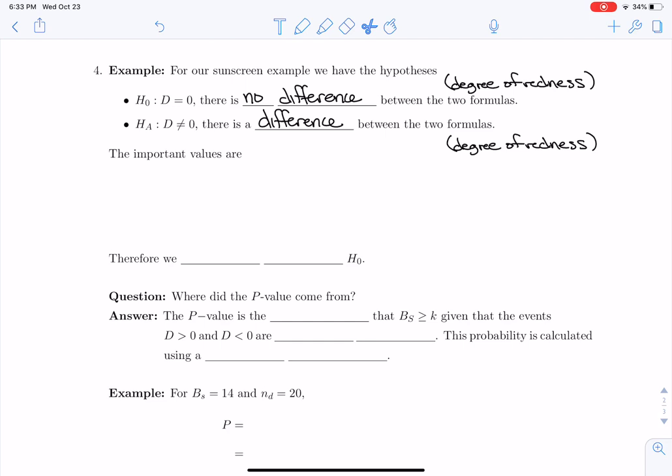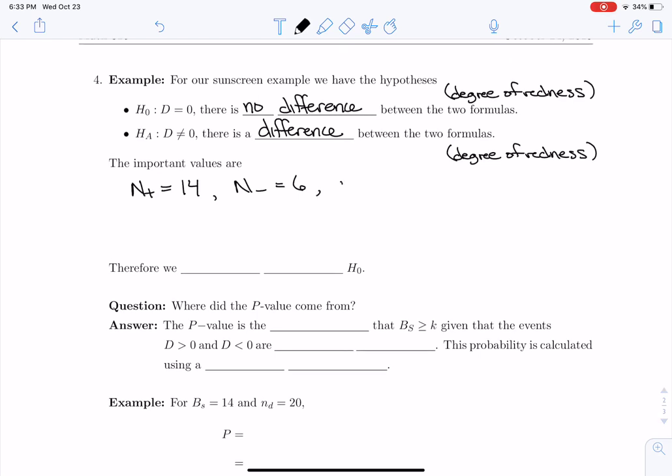Okay. The important values for this test are going to be two numbers called n plus, the number of positive differences. In this case, that is 14. That is where the left arm is more red than the right arm. The number of negative differences, n minus, is going to be 6. That's where the right arm is redder than the left arm.